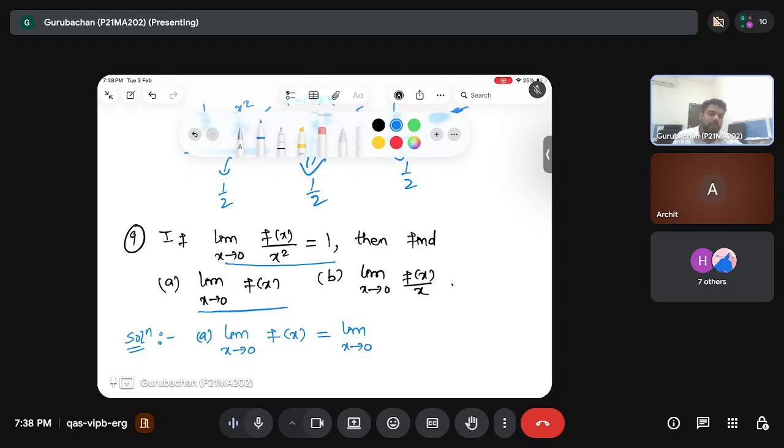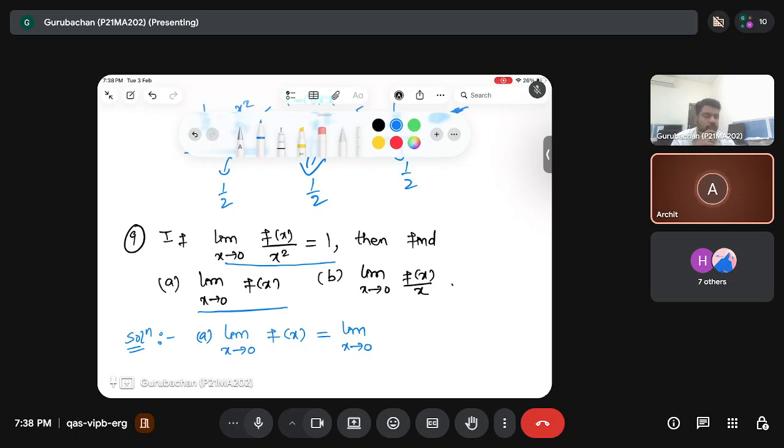But here I am curious to know how to calculate this limit. If you use this one, then how will you do the B part? Sir, for B part, now I will use the L'Hospital rule as you told. Then f dash x by 2x I will get, and when I differentiate, f dash 0 is 0. Then again I will differentiate, then I will get f double dash x by 2, and that is equal to 1.